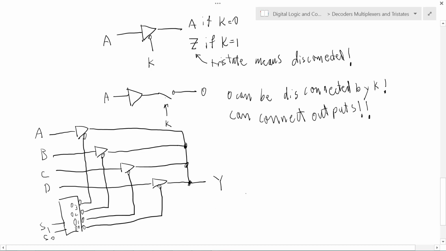What is nice is that a decoder ensures only one output will be enabled at one time, so there are no conflicts.